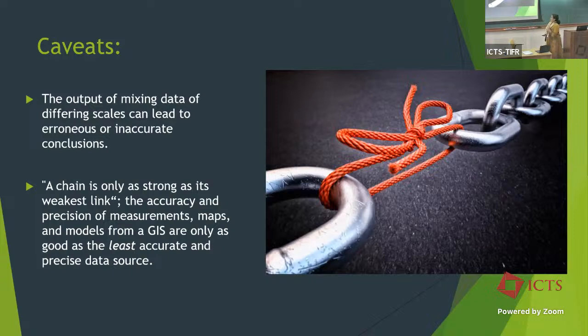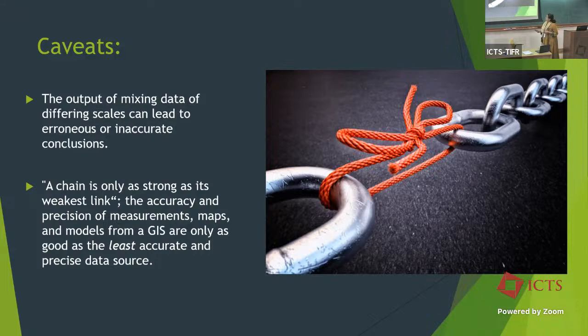Also, very importantly, when you mix information from different scales and different sources, this will generate error in your analysis and therefore may affect the conclusions you can draw. So always stick by this rule: the chain is only as strong as its weakest link.